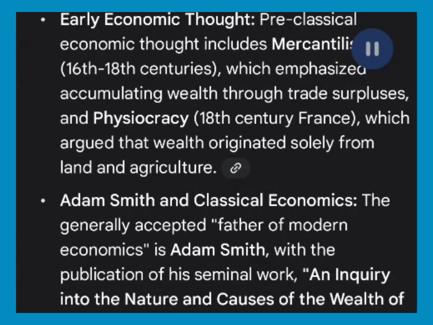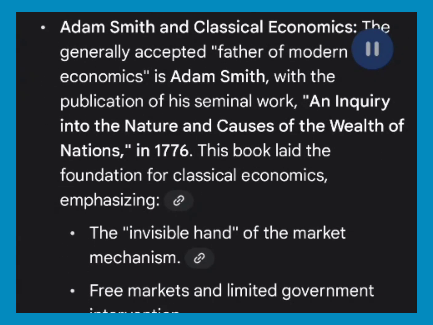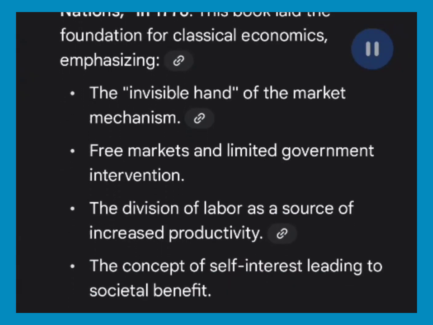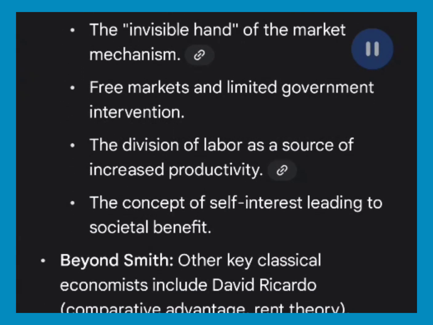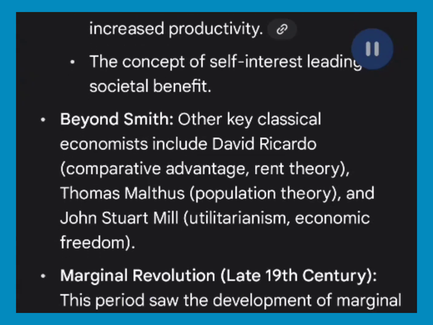Adam Smith and classical economics. The generally accepted father of modern economics is Adam Smith, with the publication of his seminal work, An Inquiry into the Nature and Causes of the Wealth of Nations, in 1776. This book laid the foundation for classical economics, emphasizing the invisible hand of the market mechanism, free markets and limited government intervention, the division of labor as a source of increased productivity, and the concept of self-interest leading to societal benefit.